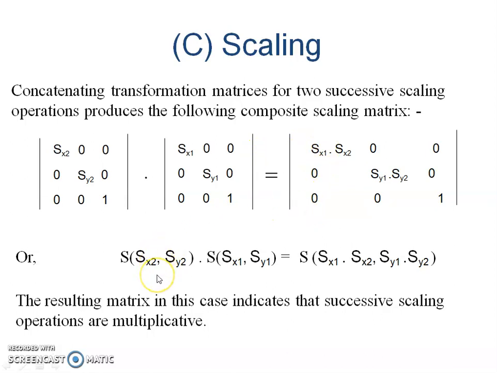Or we can write S of sx2, sy2 into S of sx1, sy1 is equal to S of sx1 into sx2, sy1 into sy2. The resulting matrix shows that successive scaling operations are multiplicative.